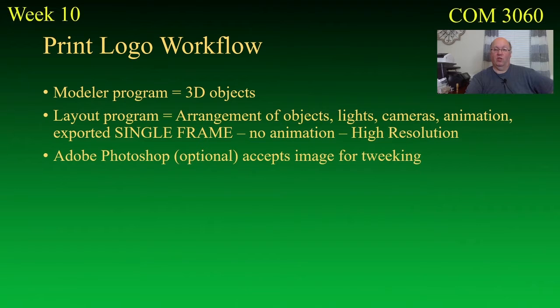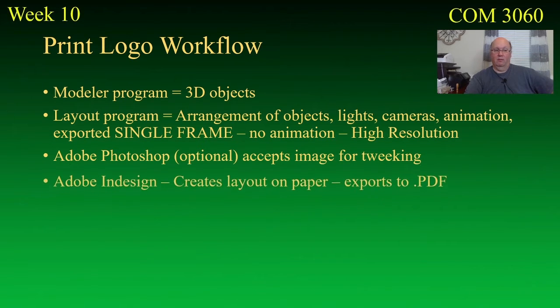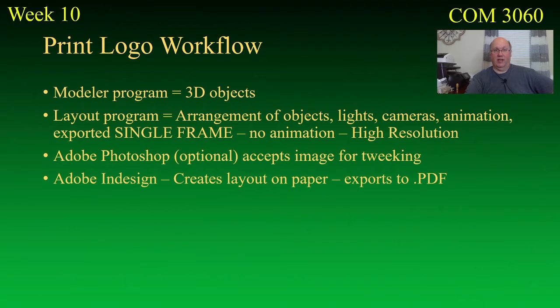And then Photoshop might be an optional step where you can tweak the image. And finally, you bring it into InDesign. And InDesign is where you create your layout on paper and export to PDF. And from there, you go into Acrobat and you print out on paper, or you take it down to Office Max, wherever it is, depending on what you're doing.